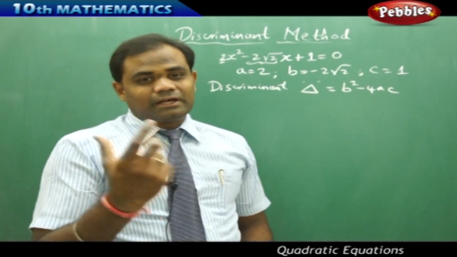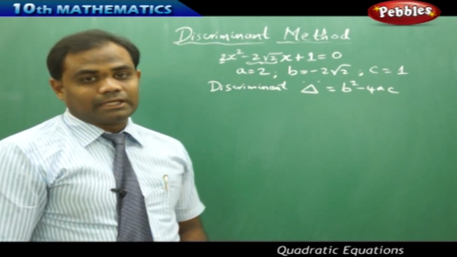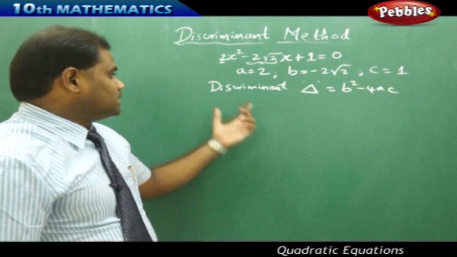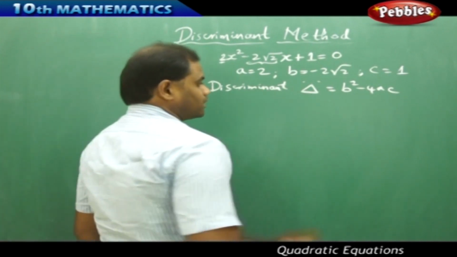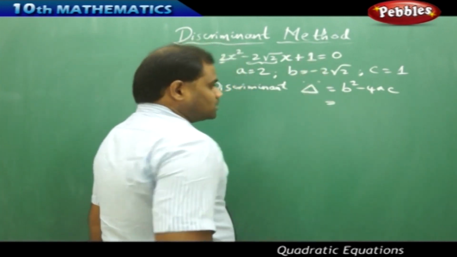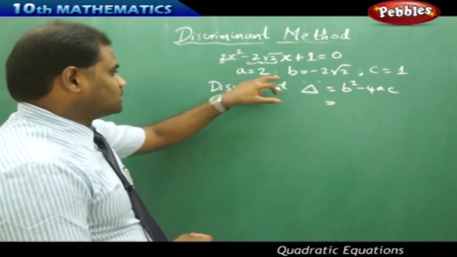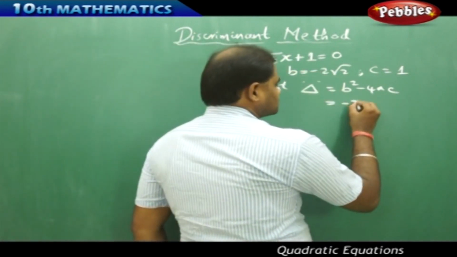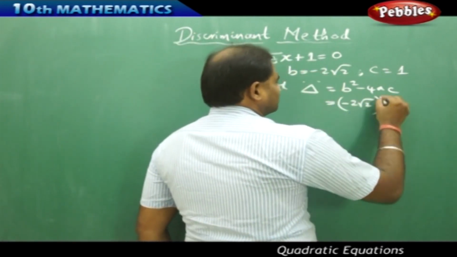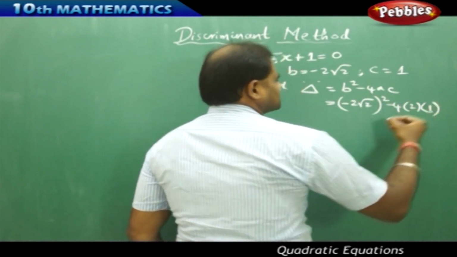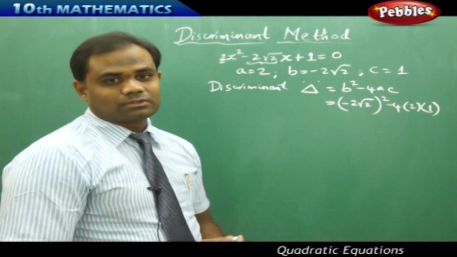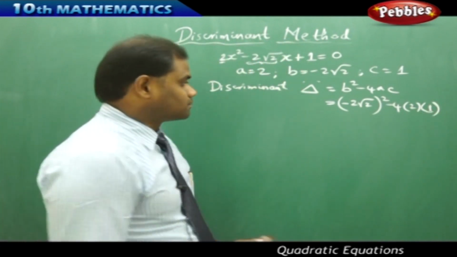So first, finding the value of delta is very important in the discriminant method. So let's find delta. My b is minus 2 root 2 whole square minus 4 times a times c, which is 1, is how I substitute b squared minus 4ac.